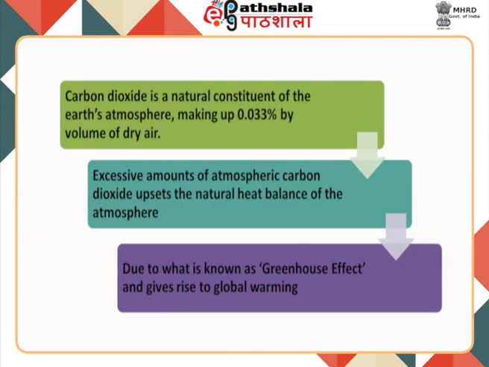Carbon dioxide is a natural constituent of the Earth's atmosphere, as we already know, making up 0.033% by volume of dry air. However, excessive amounts of atmospheric carbon dioxide upset the natural heat balance of the atmosphere due to what is known as the greenhouse effect and give rise to global warming.